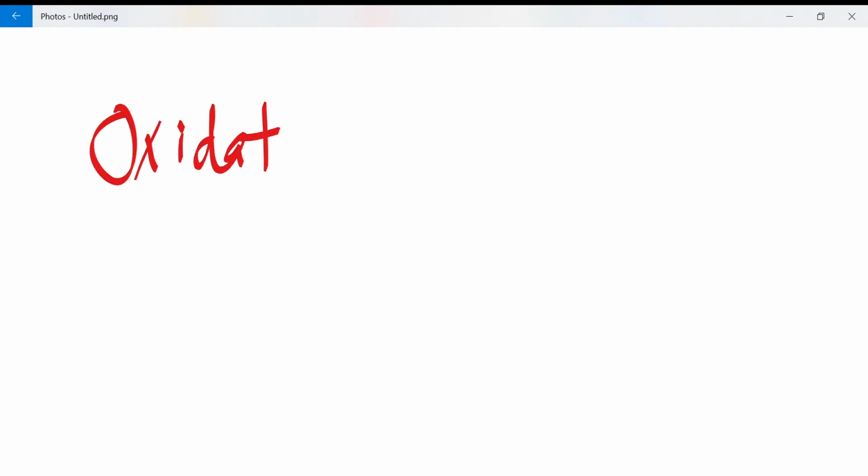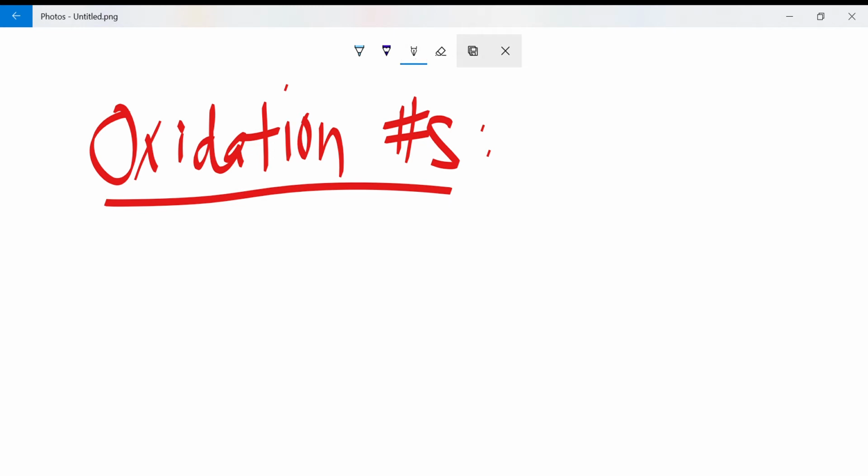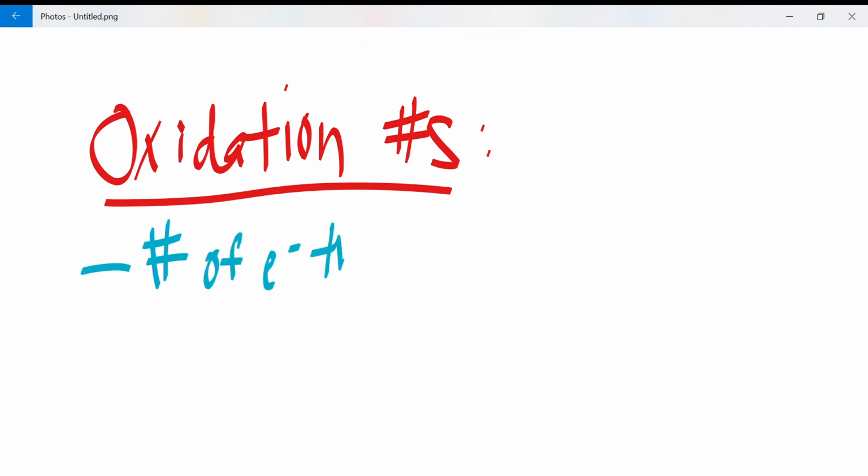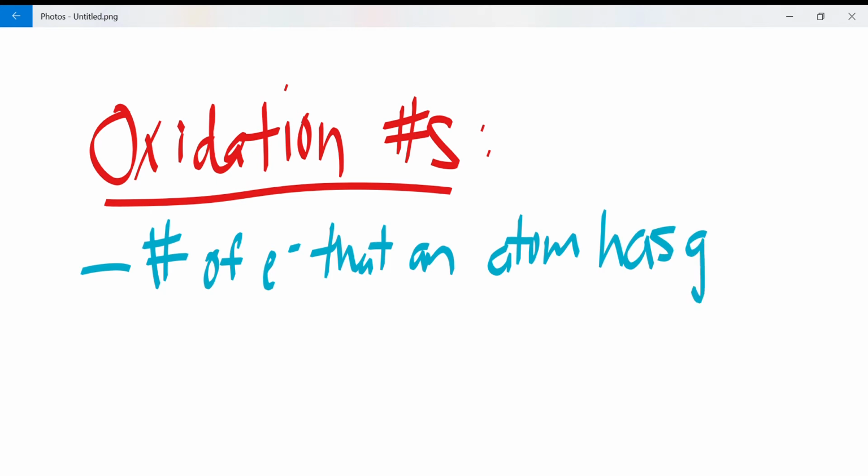Okay, so today we are going to review oxidation numbers. First, what are oxidation numbers? The simplest definition is they're just the number of electrons that an atom has gained or lost.